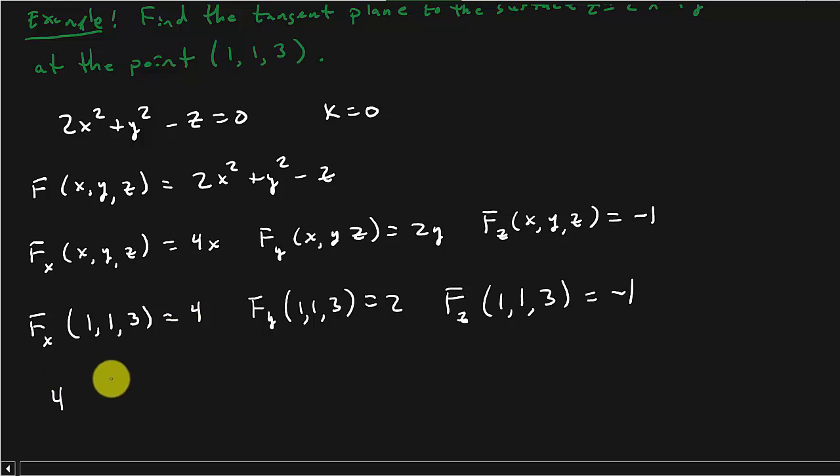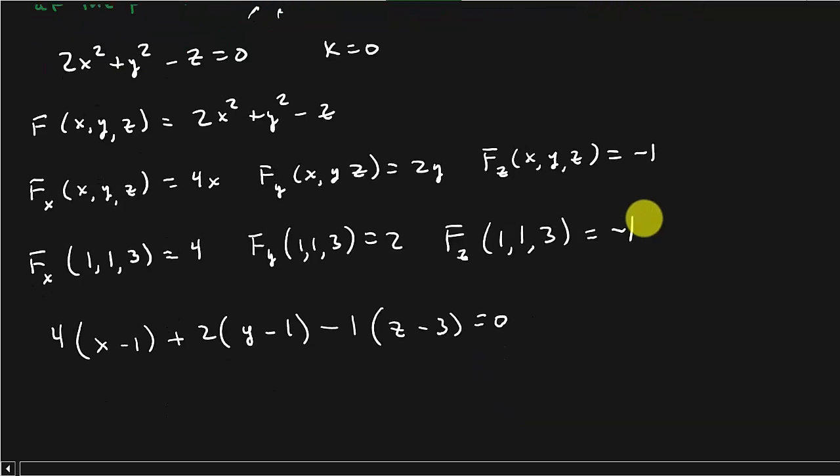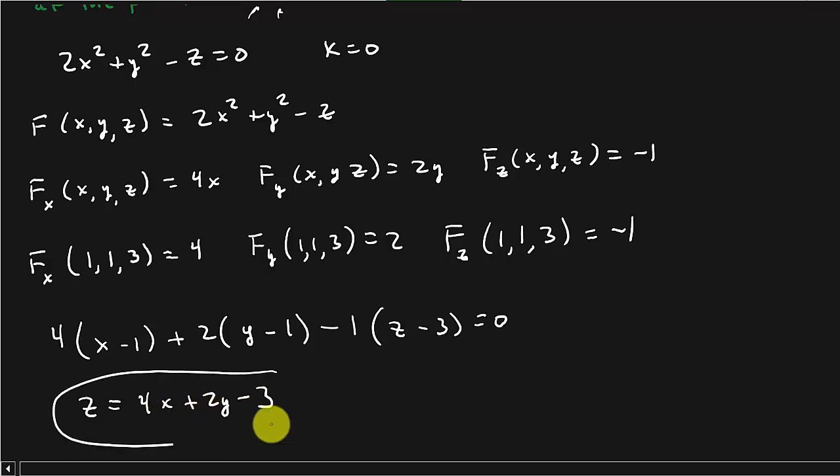And so now we've got 4 times x minus 1 plus 2 times y minus 1 minus 1 times z minus the 3 equals 0. And then you can write this as z equals 4x plus 2y minus 3.